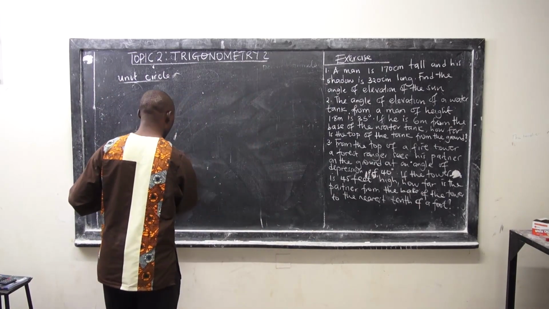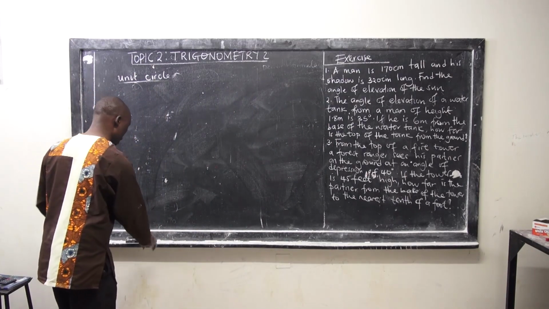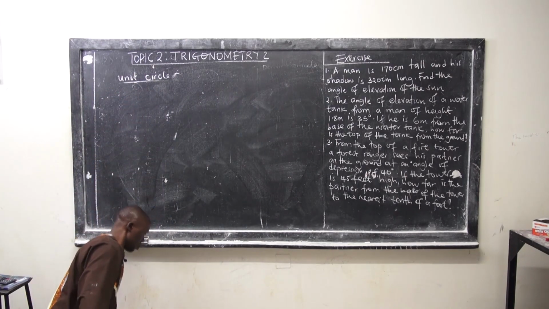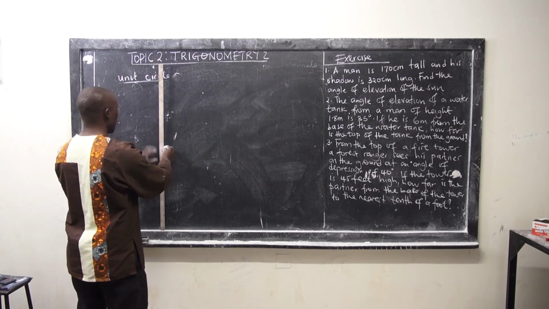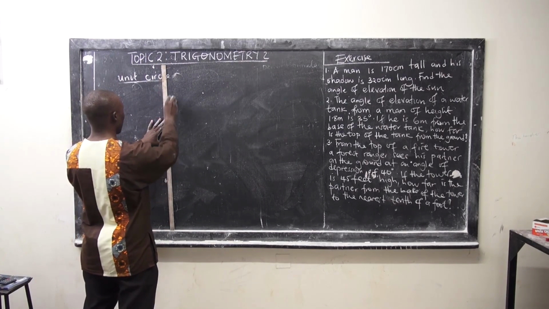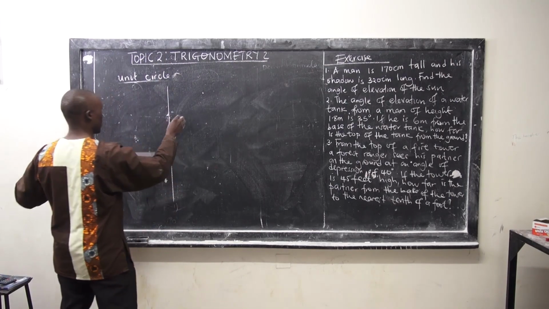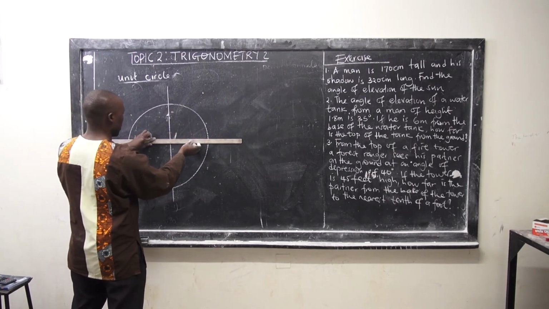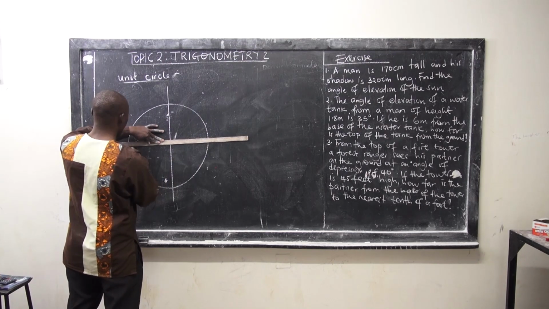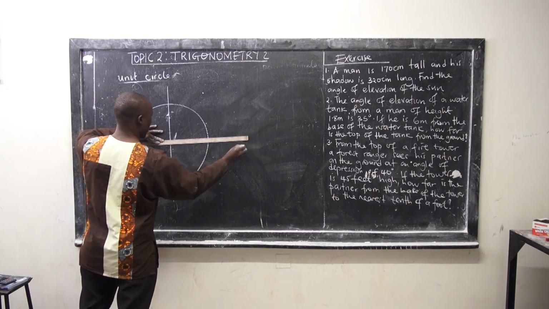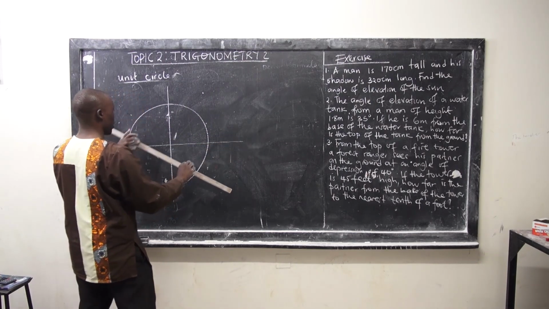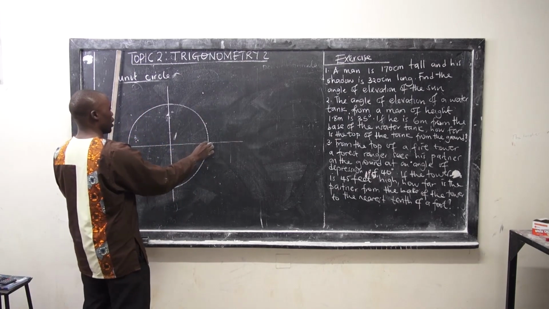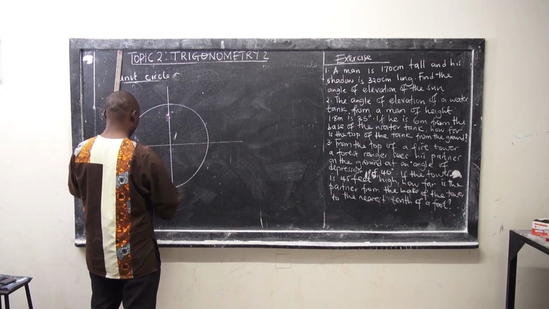Now going back to our unit triangle here to see how we can arrive at the formula for tangent.